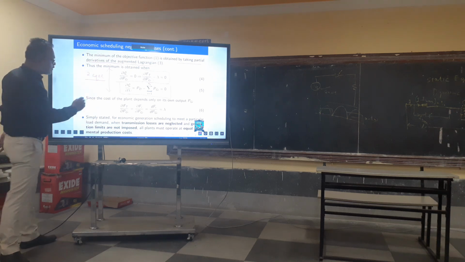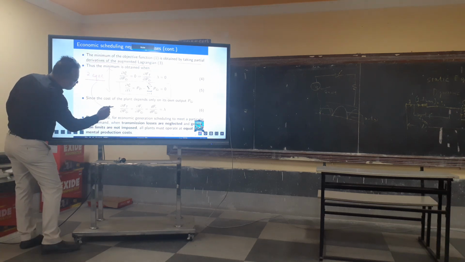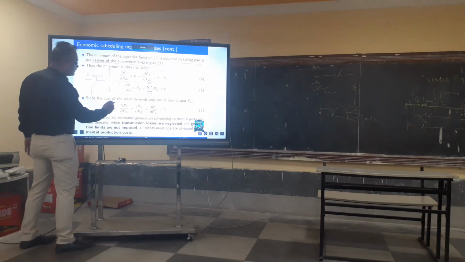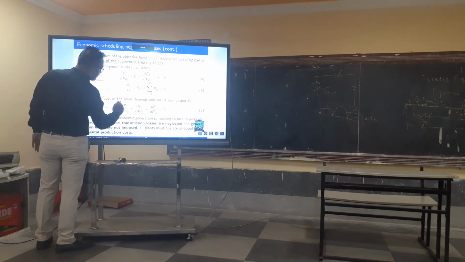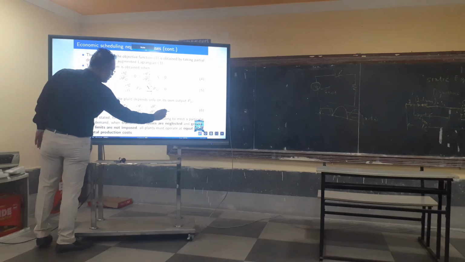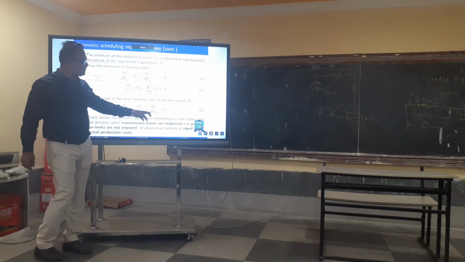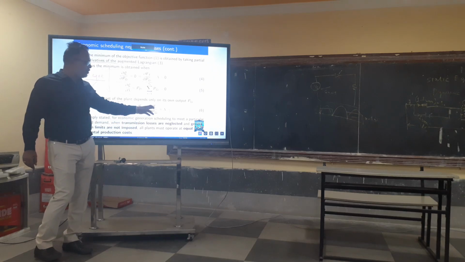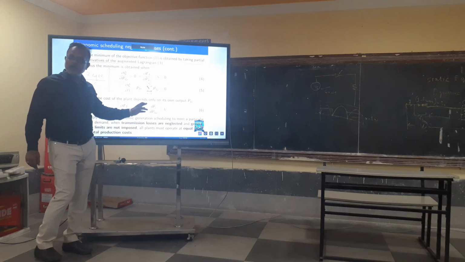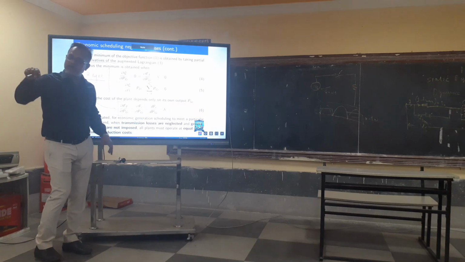Now from these two equations we get this very simple result, that is, dou Ft by dou Pgi is equal to dou Fi by dou Pgi. This can be written as dFi by dPgi, because the differential of the cost of one generator is dependent on the generation of the same generator only.